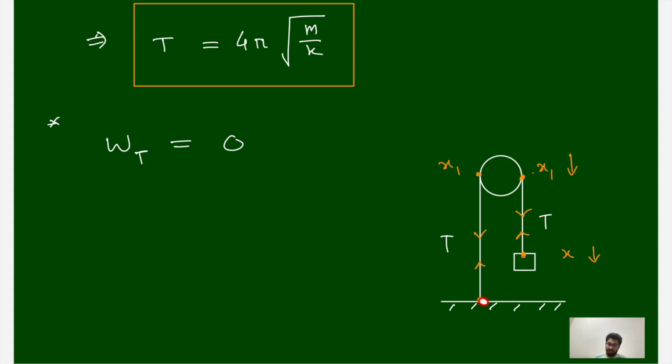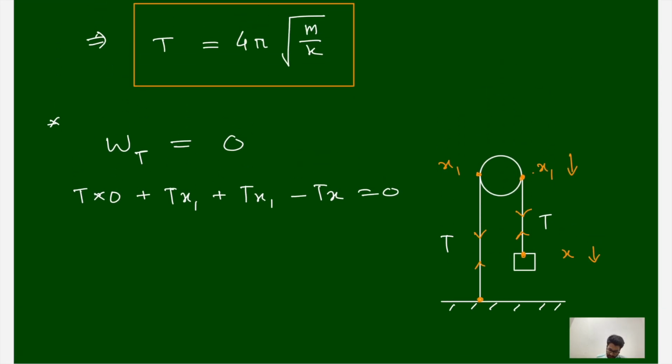This point is fixed, no displacement, so the work done is 0, so T into 0. Now plus here displacement is x1 downward, tension is also downward, so we write T into x1. Here also you see this point, tension downward, displacement downward, so plus T x1. And for this point the displacement is downward x, but tension is upward, so minus Tx, that is equal to 0.